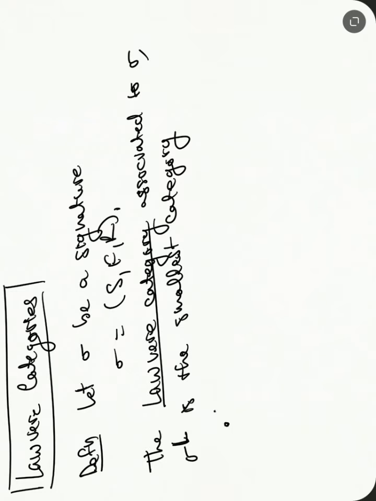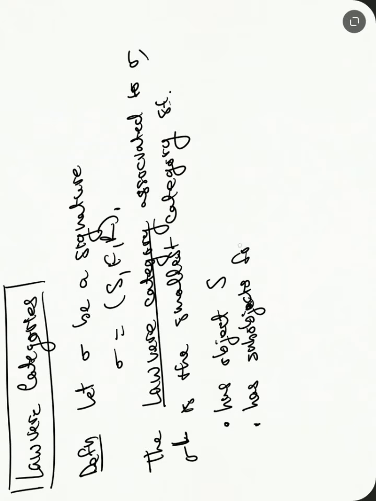It'll have objects for each S. It has sub-objects, and I'll say what sub-objects are in a second, for each R. Okay, so how does this even make sense?